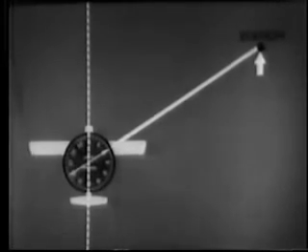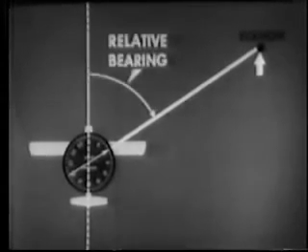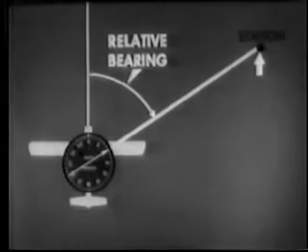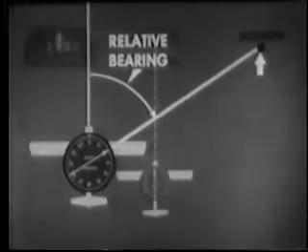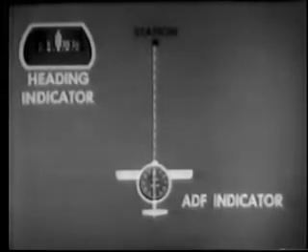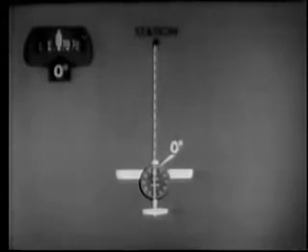And the indicator shows the direction to the station relative to the aircraft. To determine the direction to a station, we must use both the ADF and the heading indicator, as we saw earlier in this situation.